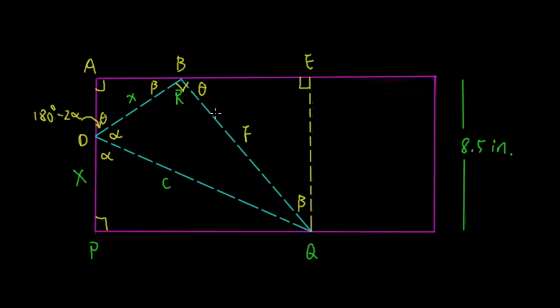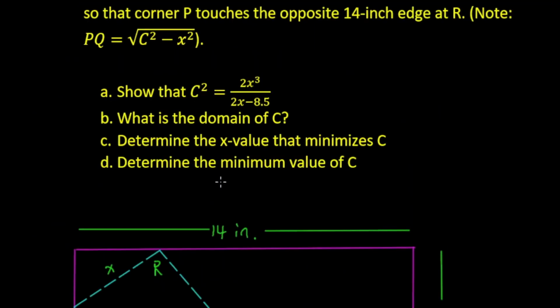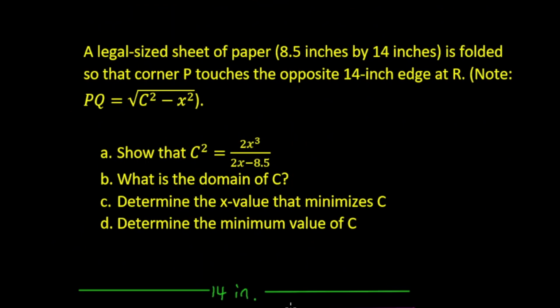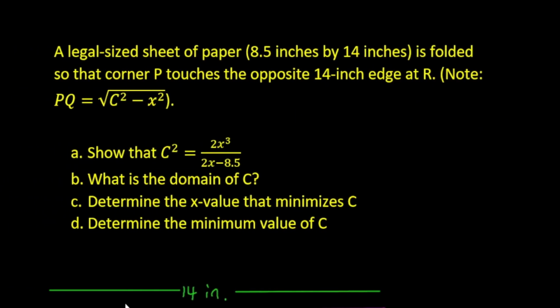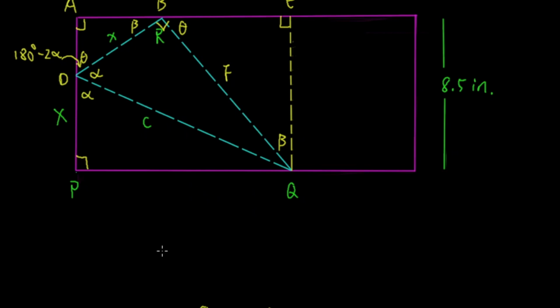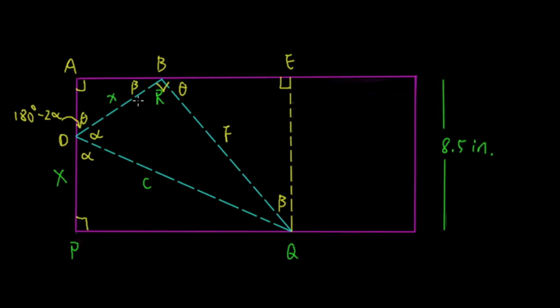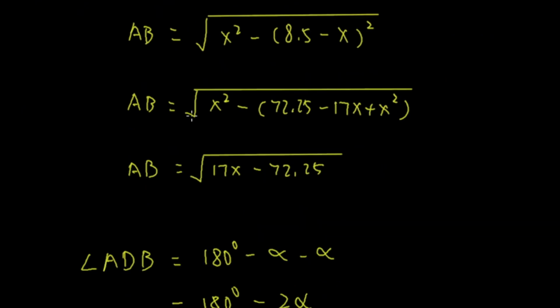Okay, so where to find f? And I just said that f over x is equal to EQ over AB. And EQ is 8.5, AB is square root of 17x minus 72.25.